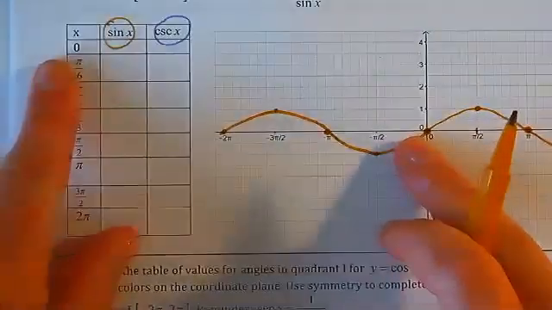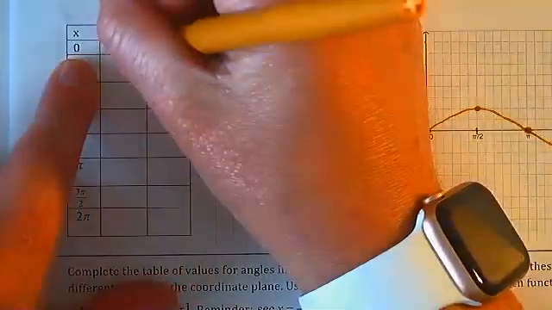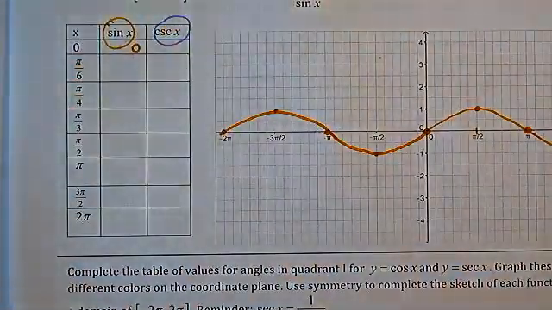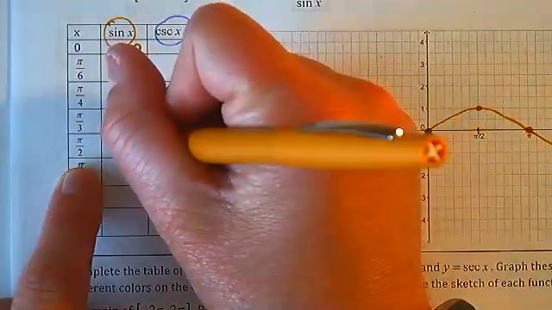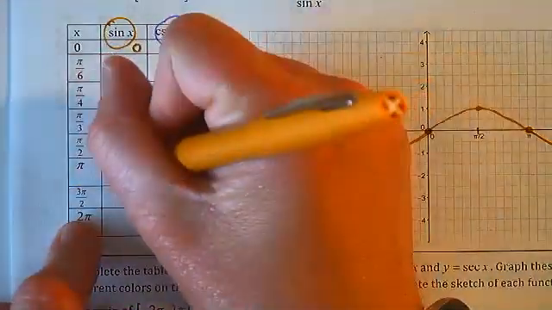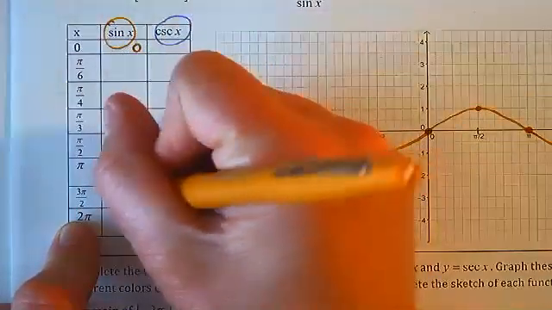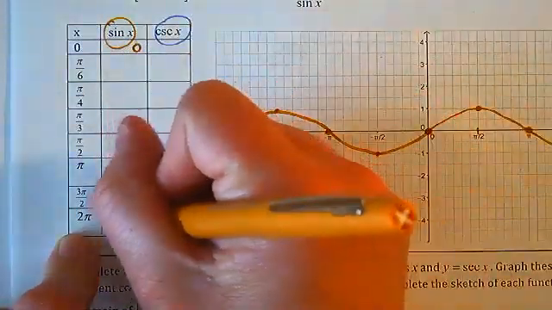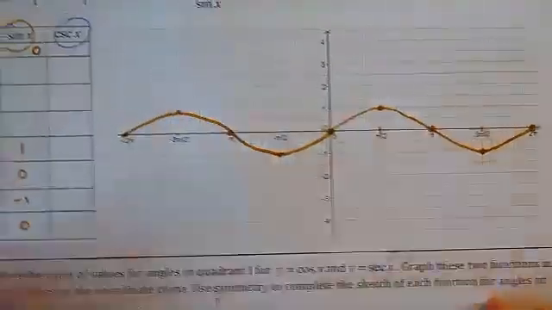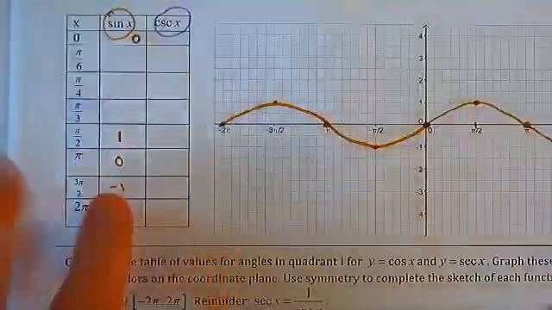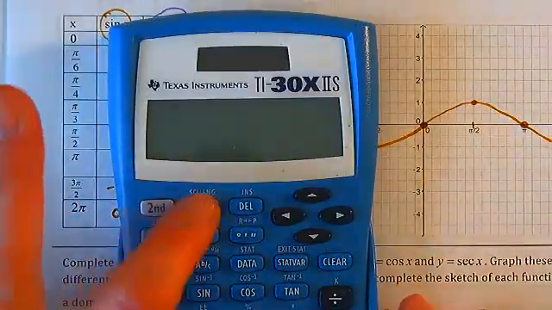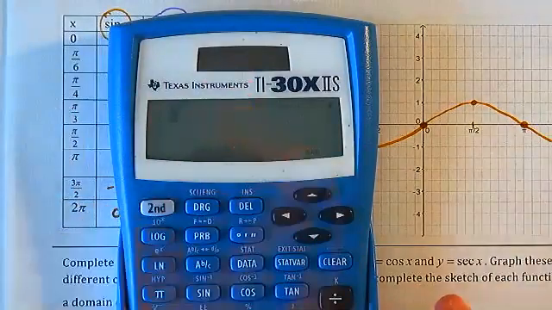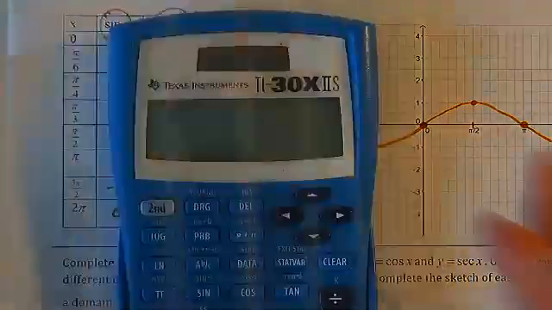As you can see, the sine of 0 is just 0. Pi over 2 is 1. Pi is 0. 3 pi over 2 is -1, and 2 pi is 0. For these, I'm just looking at my graph because it's easier. How did we find these in the first place? You either used your calculator in radian mode, or we looked at our unit circle.